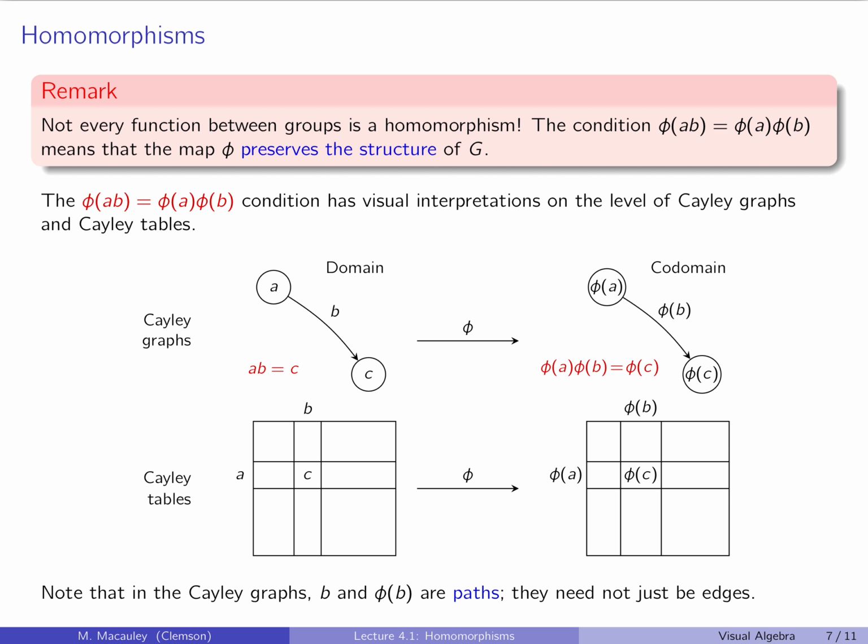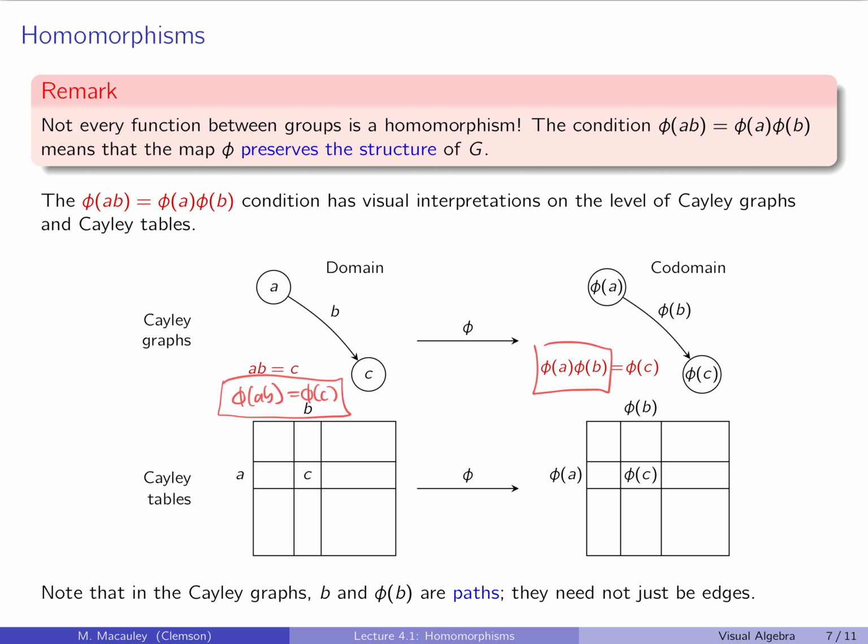So that means that there is a path from node A to node C labeled with the element B. And when we apply phi to it, notice that phi of AB equals phi of C, just by definition of C. But now we have equality of phi of A times phi of B and phi of AB, which means that this element C gets mapped to phi of C, this element A gets mapped to phi of A, and this element B gets mapped to phi of B. In other words, we have a path from node phi of A to node phi of C with label phi of B in the codomain.